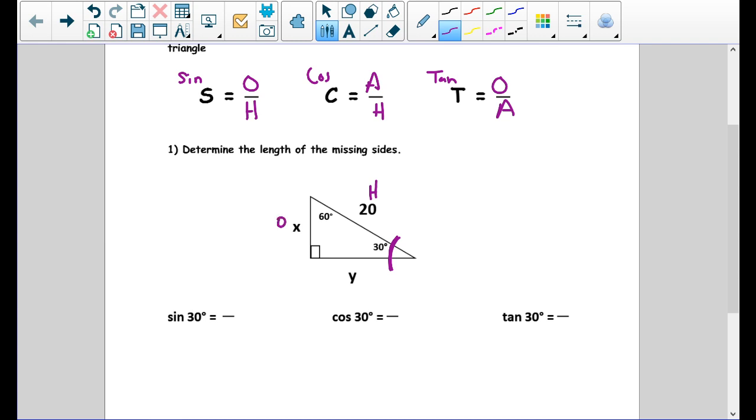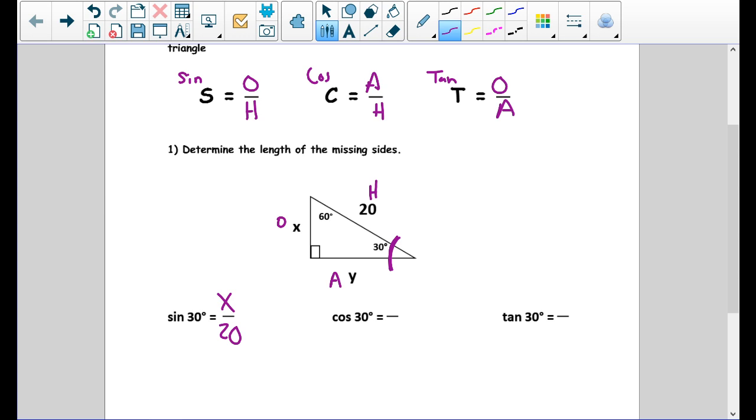X is opposite, which means y is going to be adjacent. So I'm looking at sine of 30. It's opposite over hypotenuse, which is x over 20.